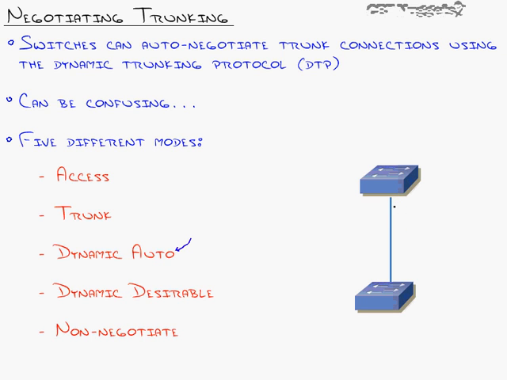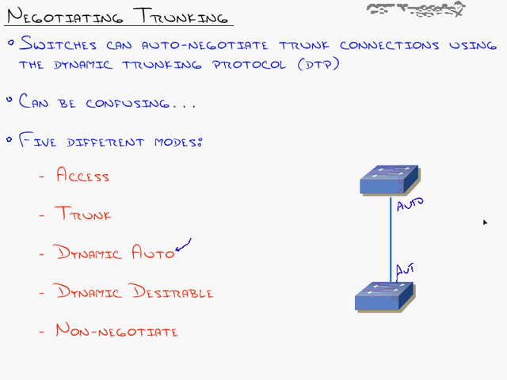So what that means is if you have both sides set to auto on a switch, they will not become a trunk together. And that to me is why this is just confusing. Dynamic desirable means that they desire to be a trunk and they will be a trunk if they detect another switch attached. But if they're auto on both sides, then that means neither one is going to send a packet saying, I'd like to be a trunk, so they'll both stay as access ports.